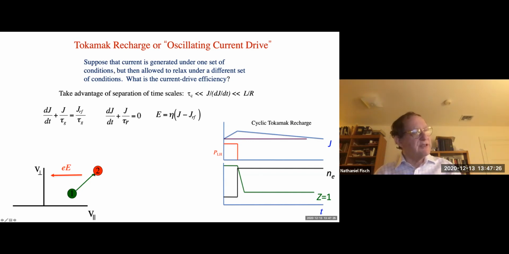Then I can increase the density in the plasma afterwards, and that means that I can get a lot of fusion out, for example. At that point, I shut off the RF and just let the plasma coast at a higher temperature, and I'll get the benefit of that over a long time. So I cycle.